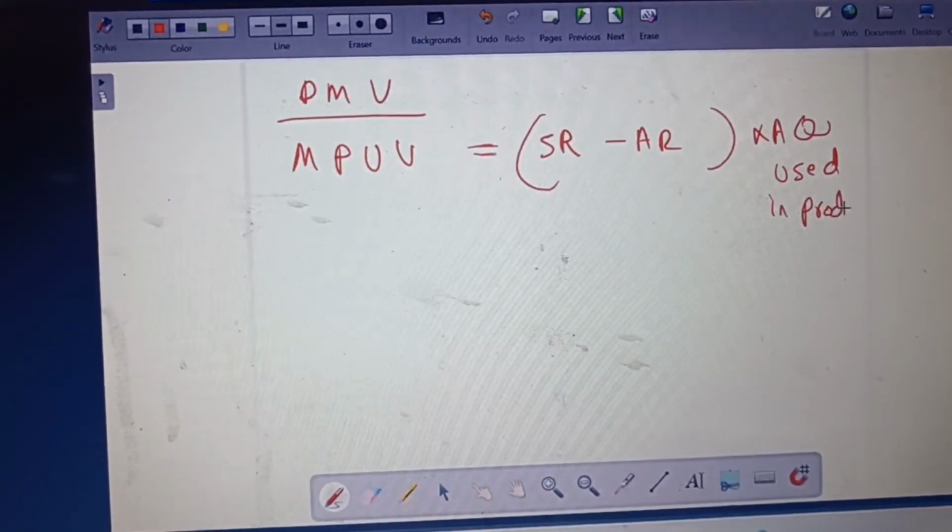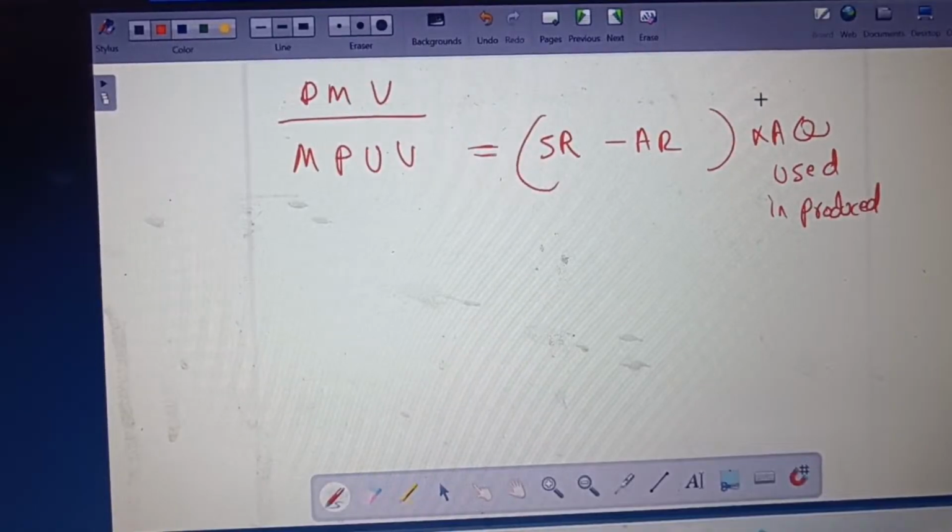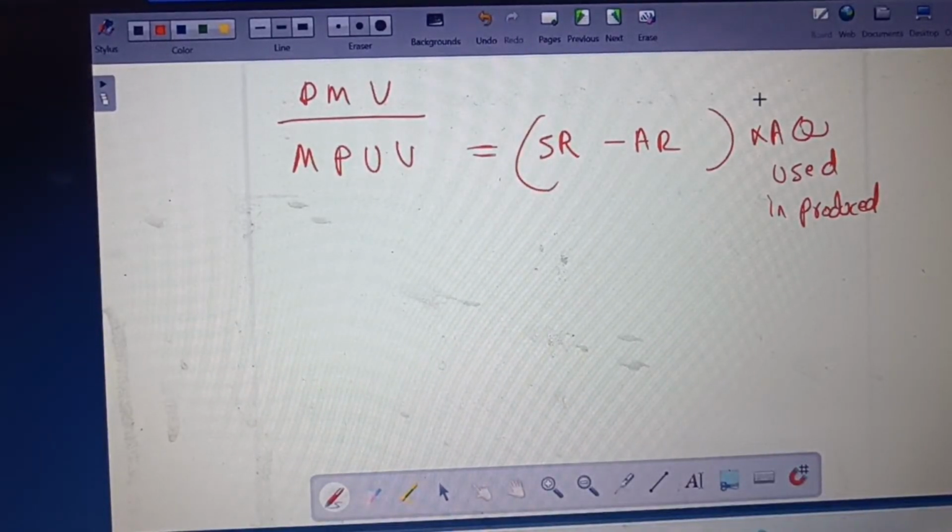What is actual quantity? Direct materials input. Standard rate minus actual rate multiplied by actual quantity used in production.